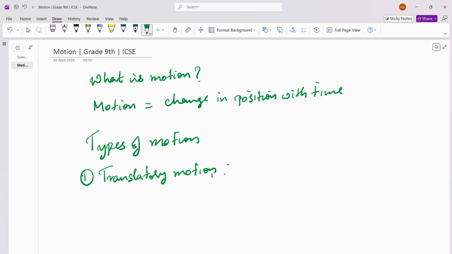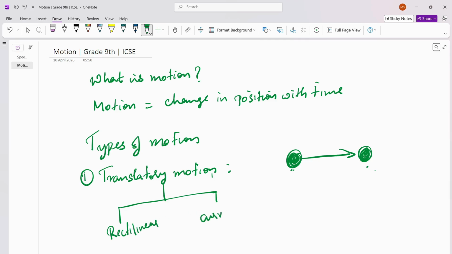right? So in translatory motion, if you have an object, this object moves from one place to another place. Its position shifts, right? So translatory motion is again divided into two main parts, rectilinear and curvilinear.